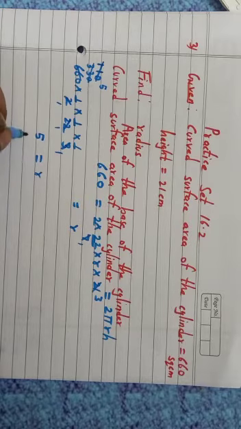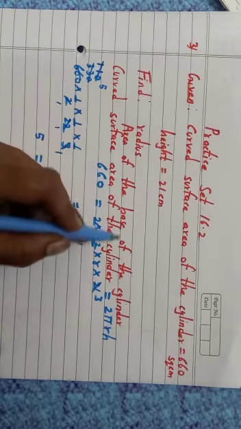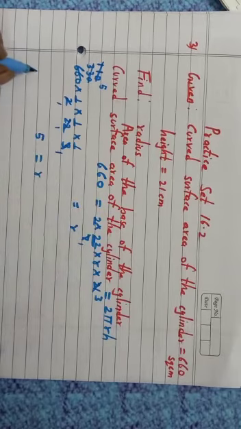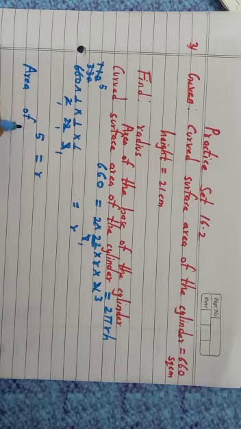So we have got the radius. Now we have to find the area of the base of the cylinder. As I told you, the base of the cylinder is circular, so what is the area of the circle? Pi r square. The same formula has to be applied.